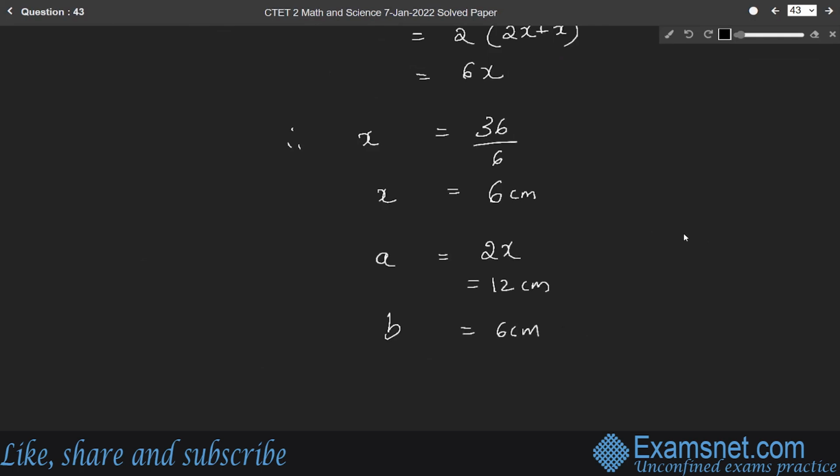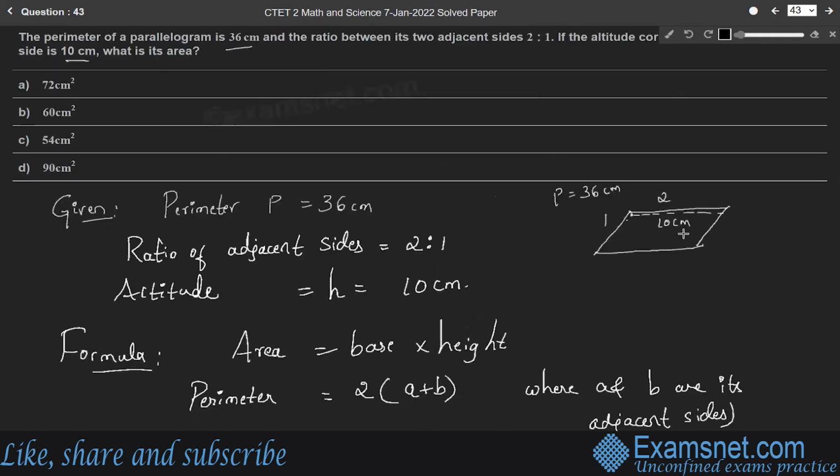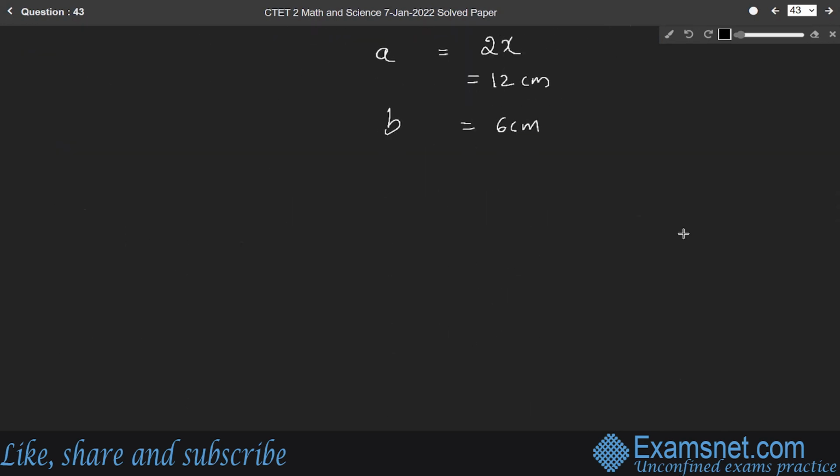So here the altitude or height corresponding to the smaller side is 10 centimeter. Also h is equal to 10 centimeter corresponding to smaller side. Therefore, area of the parallelogram is base into height.